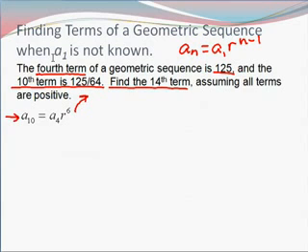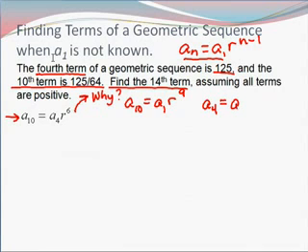Now, why do we use this equation? If I were to look at finding the 10th term using this equation up here, I would have A10 is equal to A1 r to the 9th. And then I would have A4 is equal to A1 times r to the 3rd.